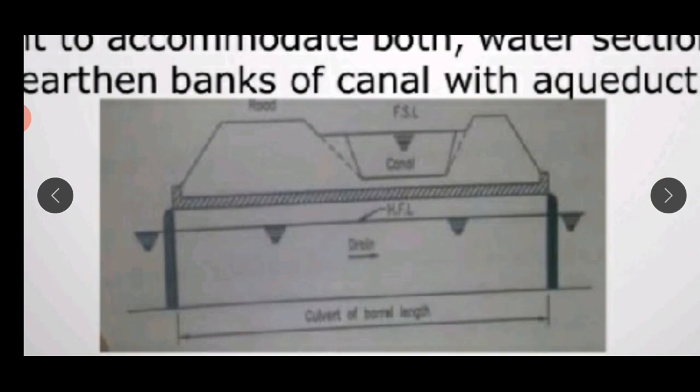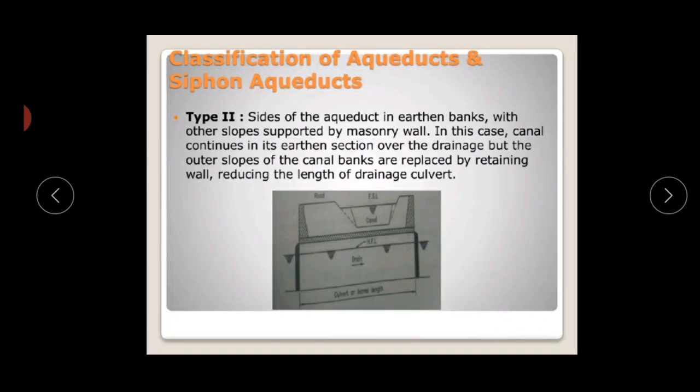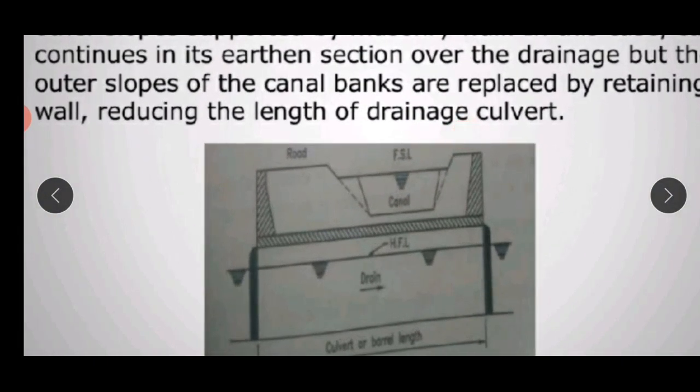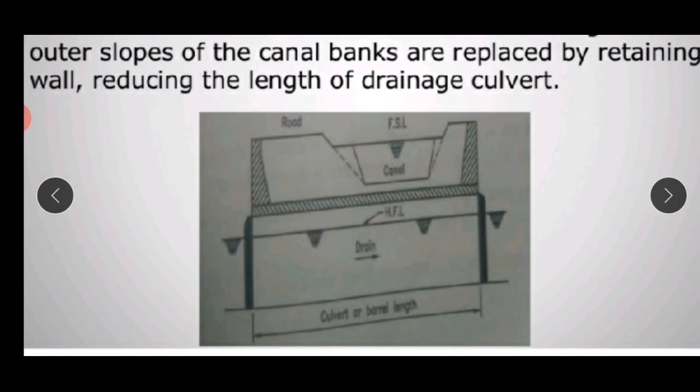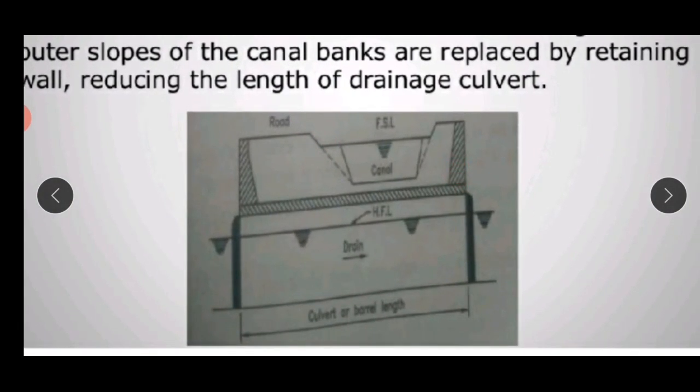Okay, next we'll go for type 2. In this type the canal continues in its earthen section over the drainage, but the outer slope of the canal banks is replaced by a retaining wall.